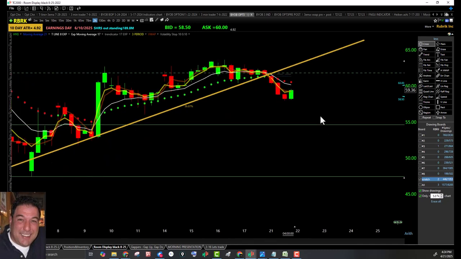And they could recapture that tomorrow. But if they don't, look for this to roll over to the downside. A lot of work to do to get all the way back up there. We'll see what happens. Need some really good news.